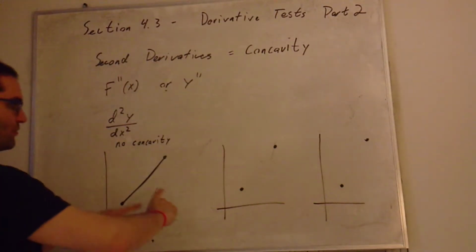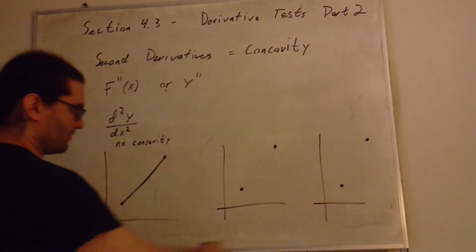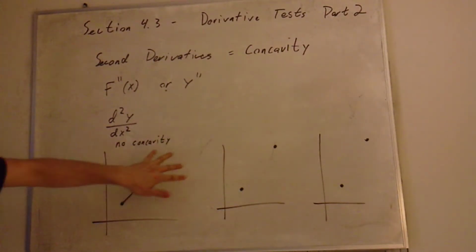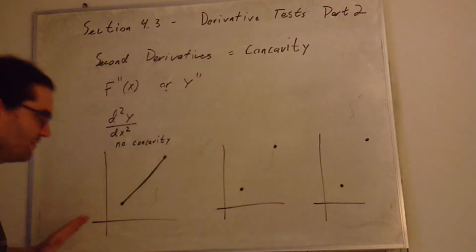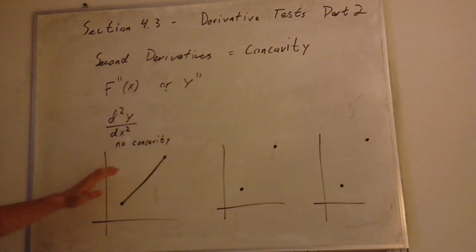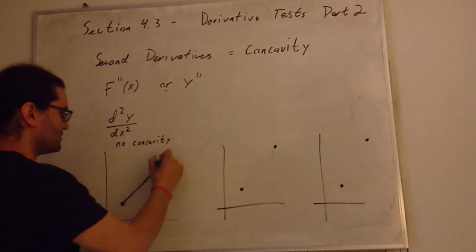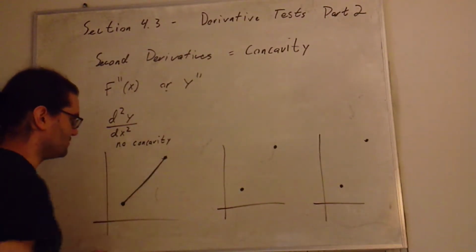So all three of these from here to here graphs are going to be increasing. So all three of these have positive first derivatives because the function is increasing. It's going up. So we're just going to look at how it can get up. If it goes in a straight line, it has no concavity. This is neutral. This is 0.